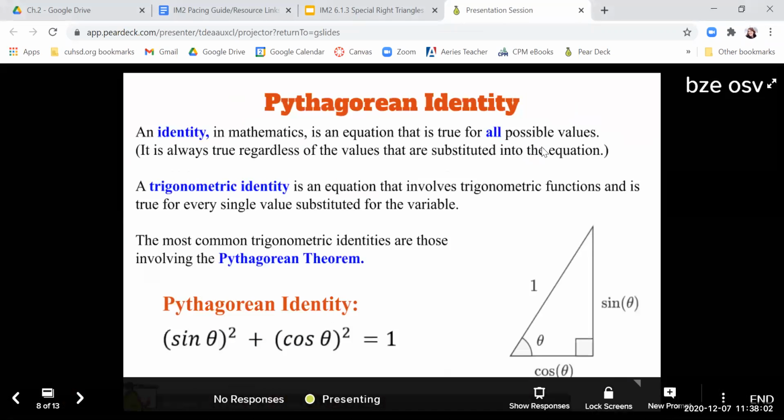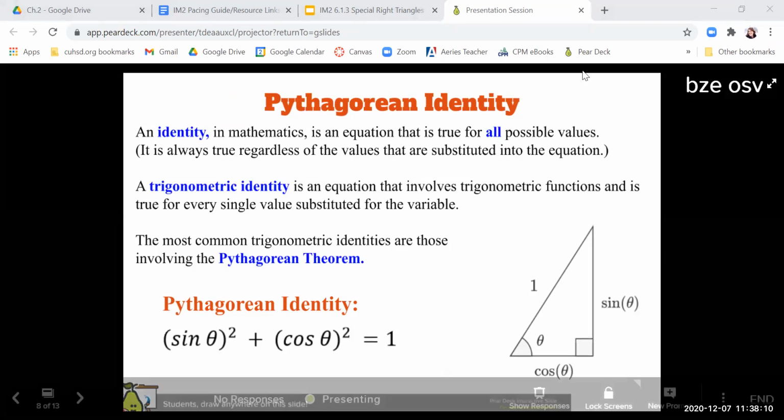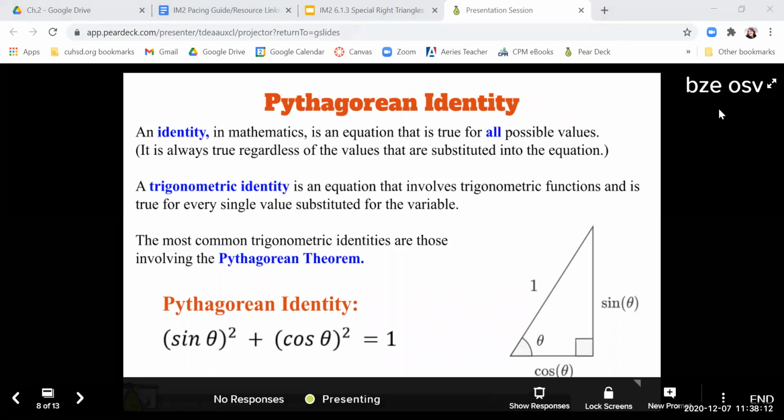All right, so this is a general summary of the Pythagorean identity. An identity in math is an equation that is true for all possible values. A trig identity is an equation that involves trig functions. It's true for every single value. And the most common trig identities are those involving the Pythagorean theorem.